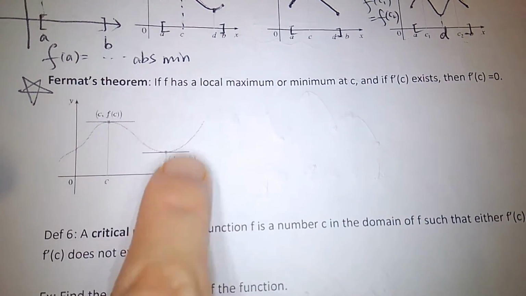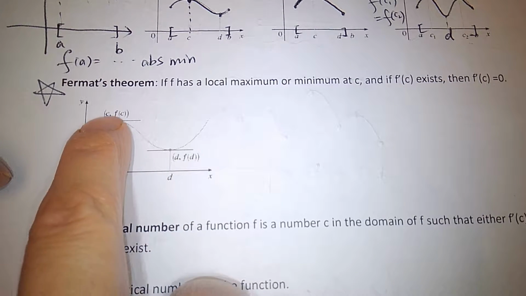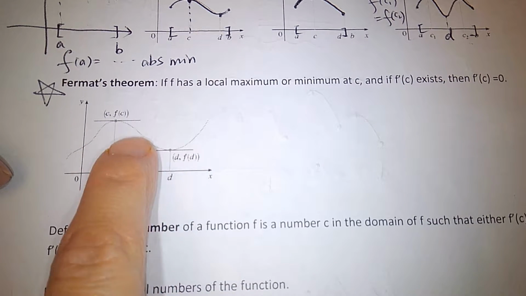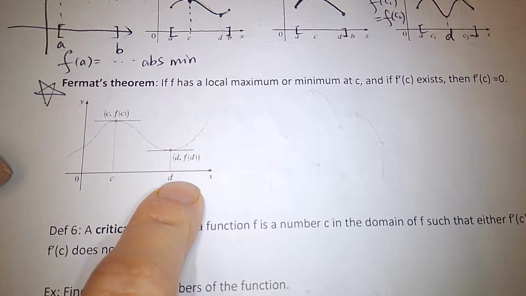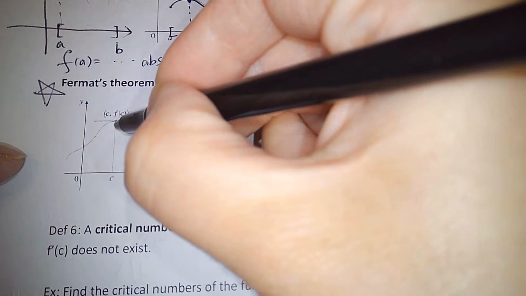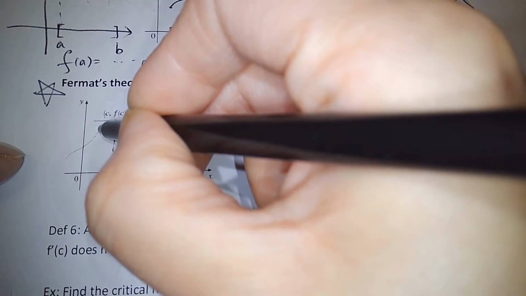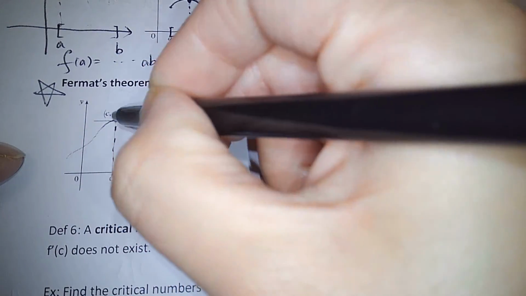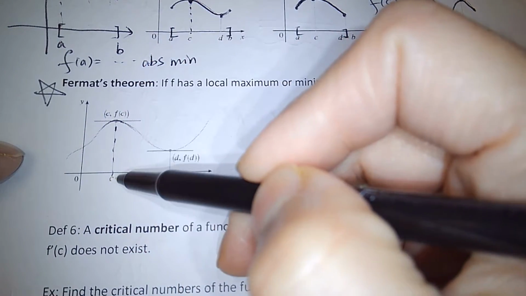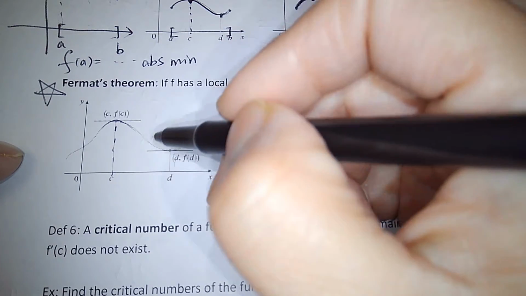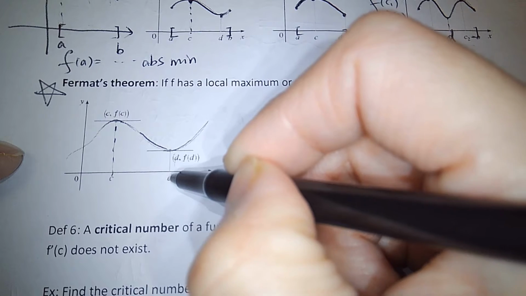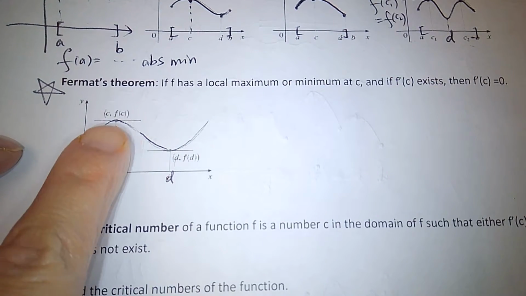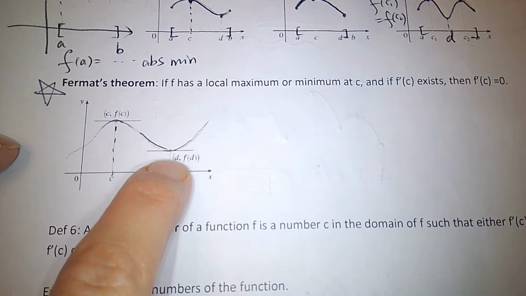This is also an important theorem. Fermat's theorem says that if f has a local maximum or local minimum at a value c or d or whatever. Let's look at this picture. f attains a local maximum when x equals c. f attains a local minimum when x equals d.